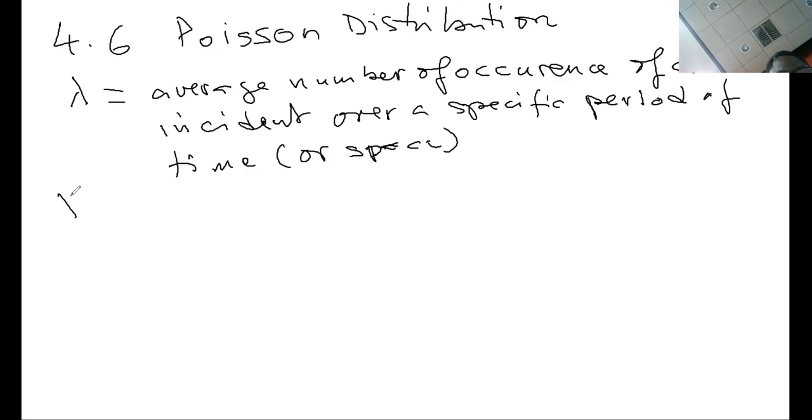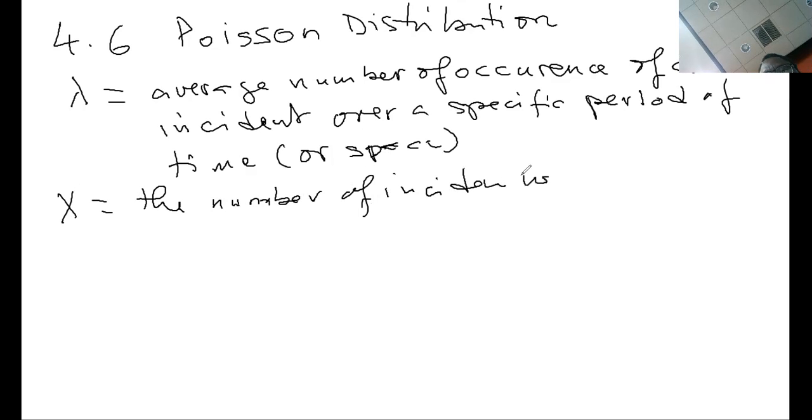So X is the number of incidents within the period. Jacob is supposed to be reading my handwriting here.